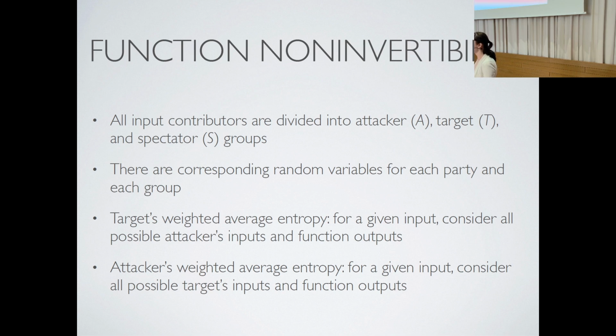From the target's point of view, I know the input that I have, and I'm trying to decide whether I should enter this computation or not based on what the adversary can learn about me. The attacker's point of view is different. The attacker says, I'm going to enter some input into the computation. If I try this input, what can I learn about the target based on the combinations of outputs that I observe, and what can I deduce about the victim?